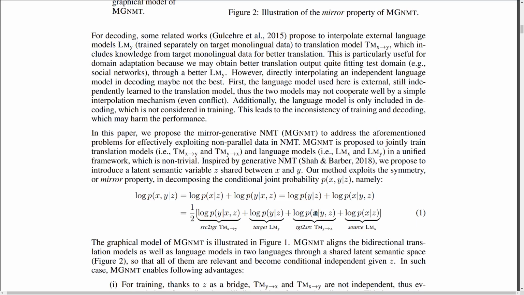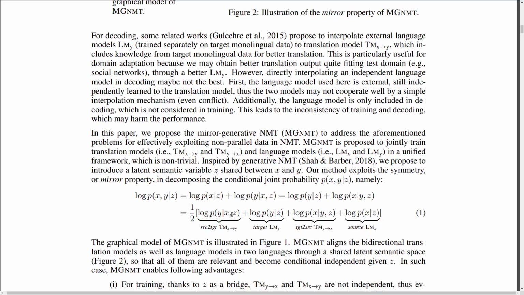Well, here you don't have inputs and outputs, you jointly learn from this data. And then you also have two language models. A language model on the target side, which models the probability of English given this latent variable, and the probability of German given this latent variable.